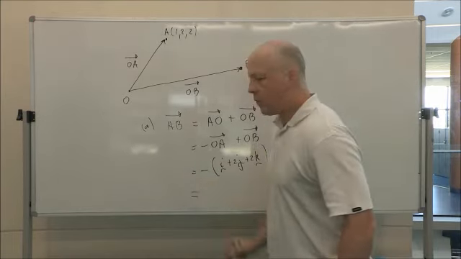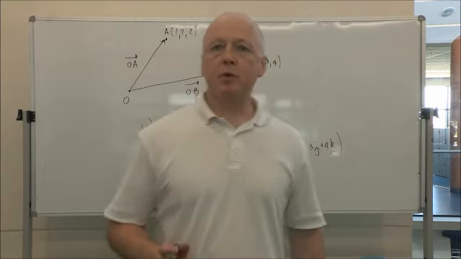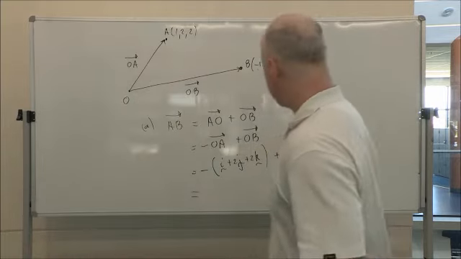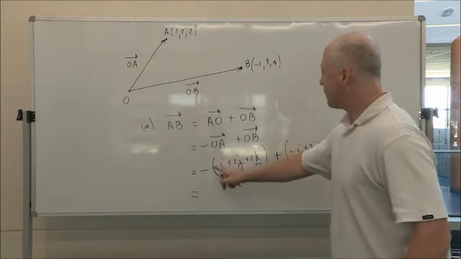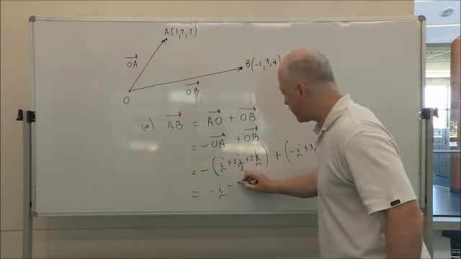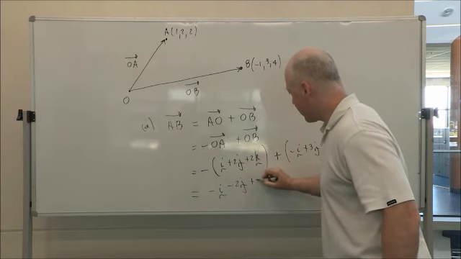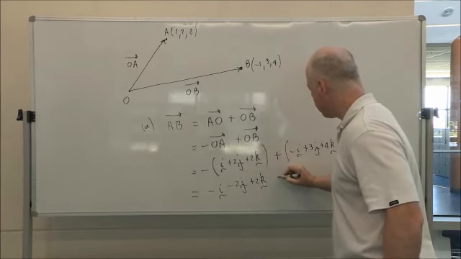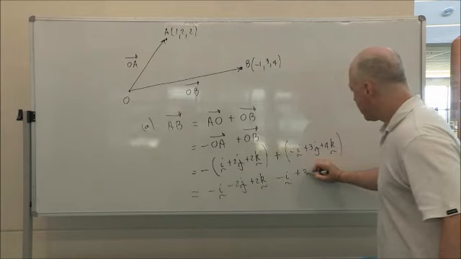Now, all we have to do is recall our simple arithmetic of vectors, which says that the components will add. In fact, let's expand it out to spell it out, make it so simple even a monkey could do it.